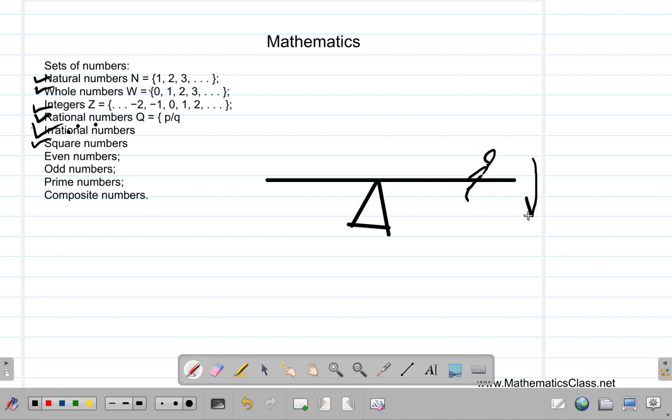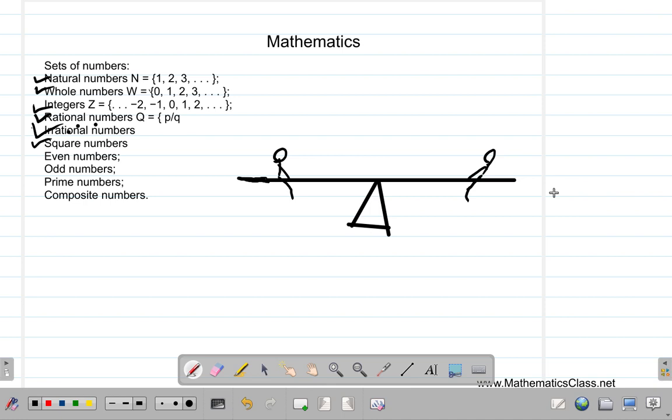The seesaw will tilt down this way. Assuming that you and Esau are of the same weight, you sit on the other side of the seesaw and it's balanced. It doesn't tilt.